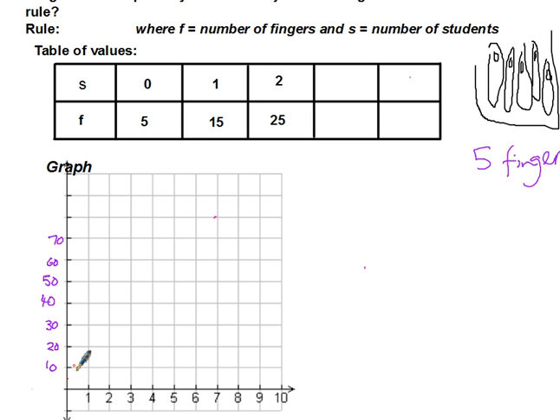So it's about halfway between the 0 and the 10. It's really hard to draw points. When I have one student in the room, I have 15 fingers. When I have two students in the room, I have 25 fingers.